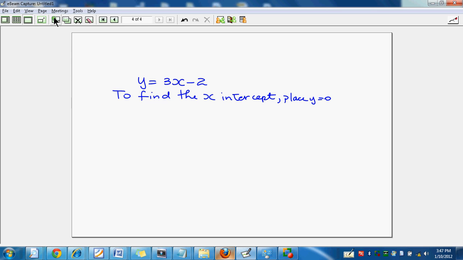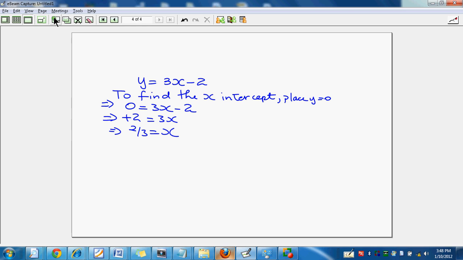So that would imply that 0 will be equal to 3x minus 2, which implies that positive 2 will be equal to 3x, which implies that 2/3 will be equal to x. And this here will be the x-intercept.